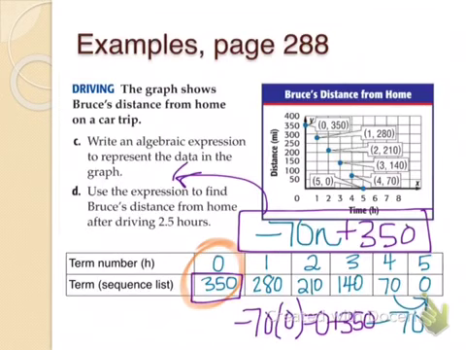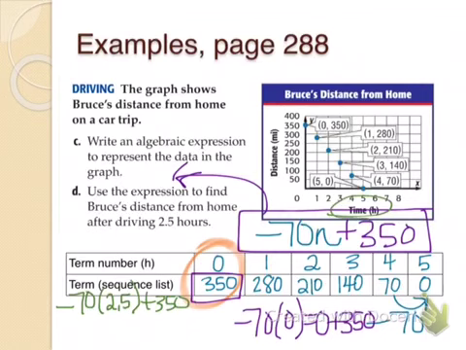The D part of this tells us that we want to use the expression to find Bruce's distance from home after driving 2.5 hours. Now if we look, our time is in hours, so we actually want to fill that in. So we want to do negative 70 times 2.5 plus 350.